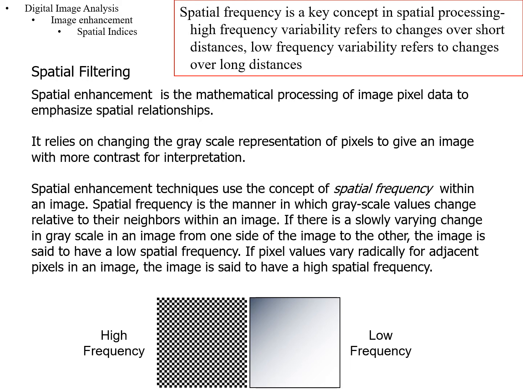You can think about it the same way as a sine wave that has a long wavelength, or low frequency, it's slowly varying. Whereas high frequency images have pixel values that vary very radically from adjacent pixels over a short distance. So this is the notion of high frequency and low frequency spatial variation.